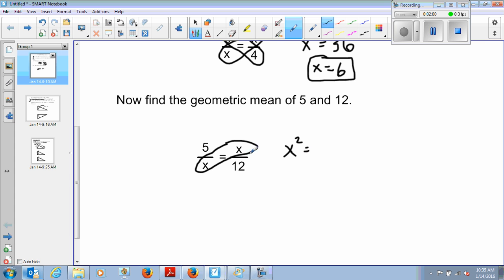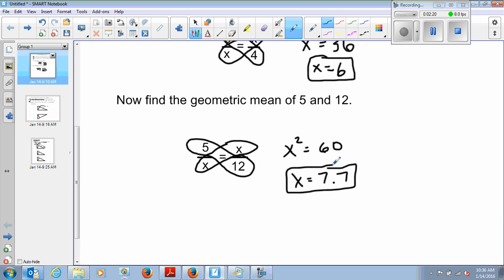And then I do 5 times 12, which equals 60. I then take the square root of 60. Let's see what that ends up being. It should be 7.7, rounded really, but the geometric mean of 5 and 12.